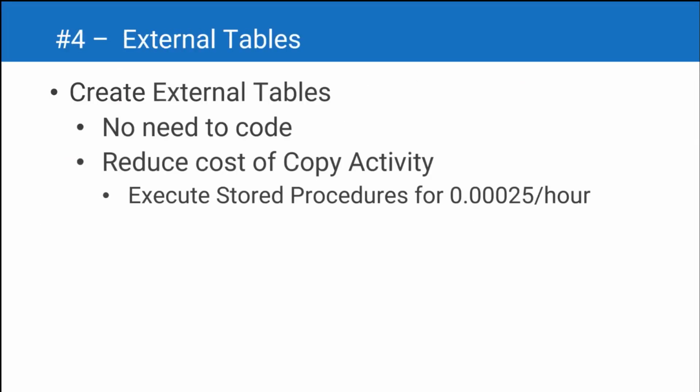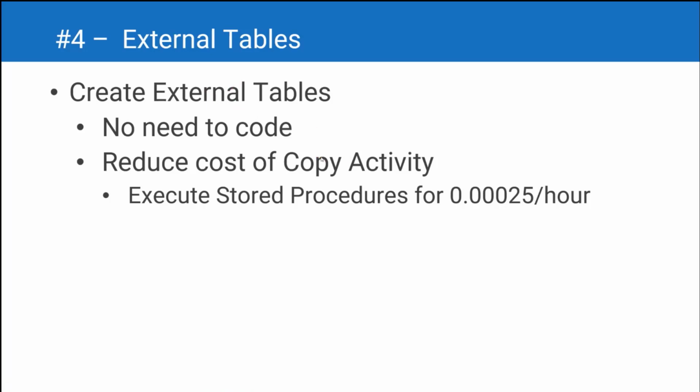Number 4, external tables. I remember creating a lot of scripts for creating external tables before, because external tables in SQL pools are cheaper to work with in Azure Data Factory, for example, than using the copy activity.